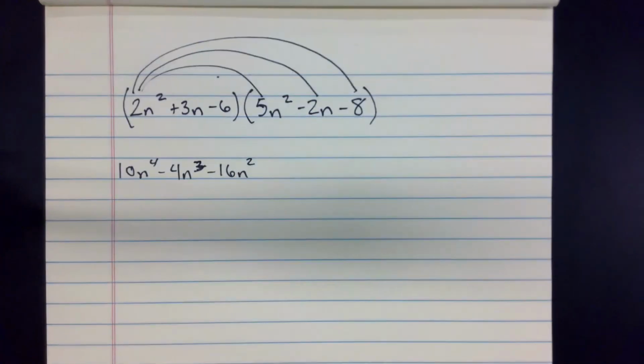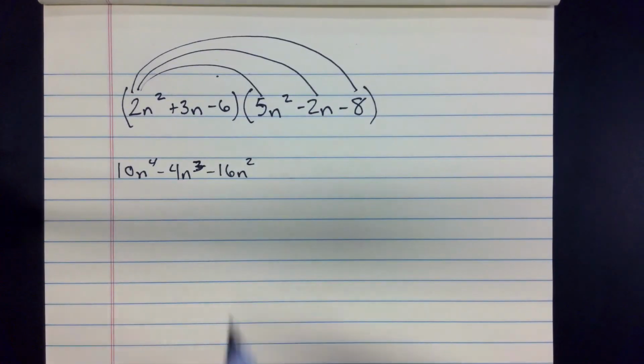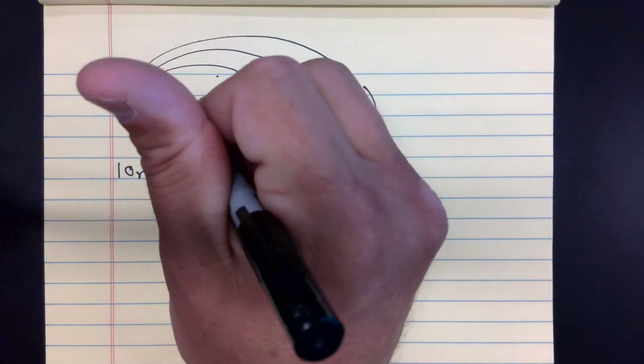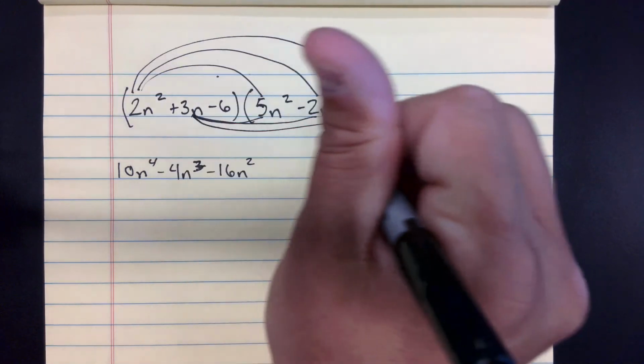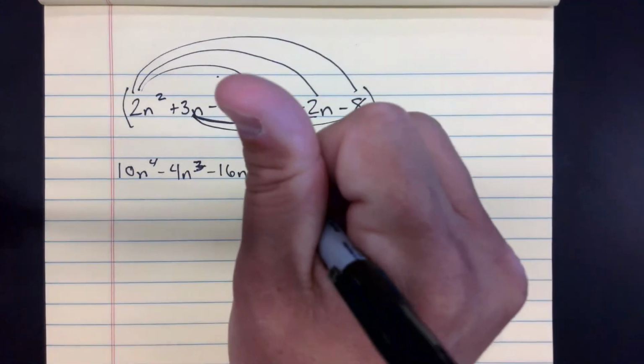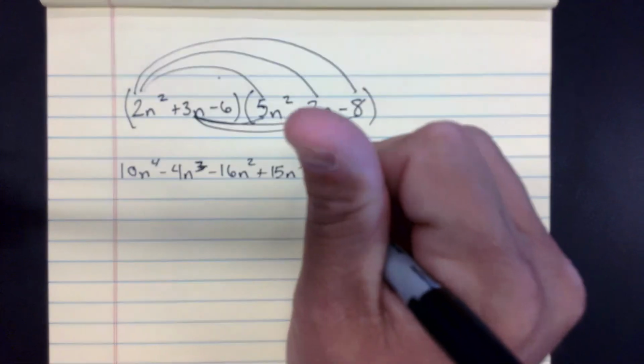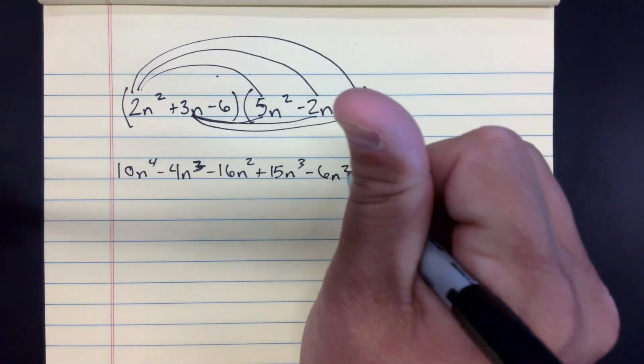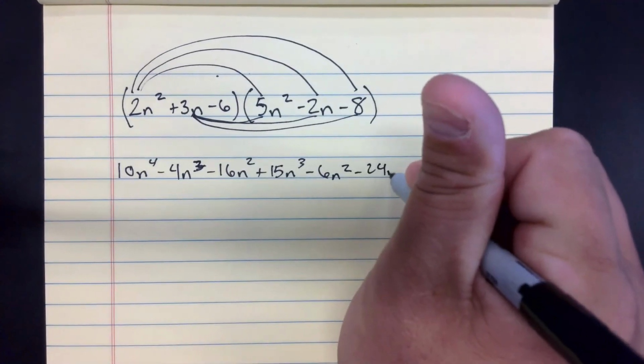Okay, then what? The 3n to all three numbers, right? So we're going to get plus 15n cubed minus 6n squared minus 24n.